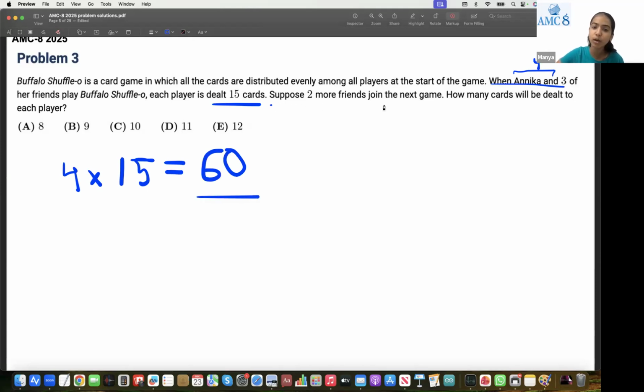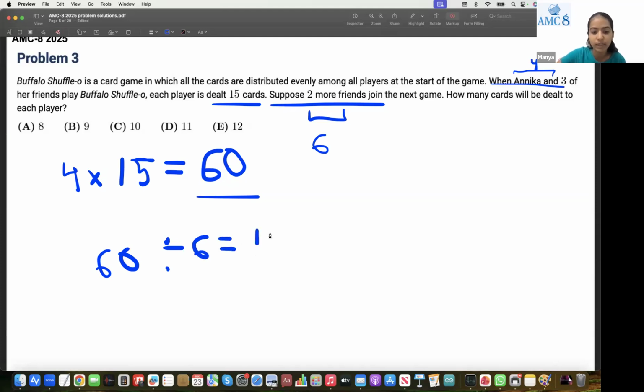But suppose that two more friends join, meaning that there should be 6 players now, because the four were originally there, and now two more join. Now how many cards will be dealt to each player? That would be 60 divided by 6, since we want each player to be dealt the same amount of cards. That gives us 10, meaning that there should be 10 cards per player now.